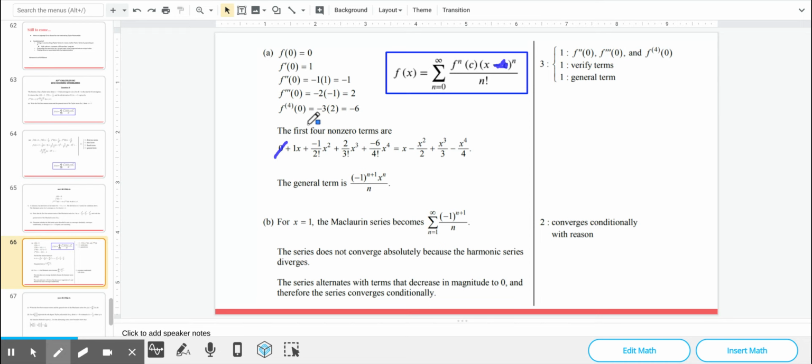So 1x minus 1x squared over 2 factorial. There's your minus 1, right? That's this guy right here. And then plus 2 divided by 3 factorial, x to the third, so on and so forth. And then they actually simplify it, okay? So if you plug in your derivatives and then fill out the rest of this form, you get this right here. All right.